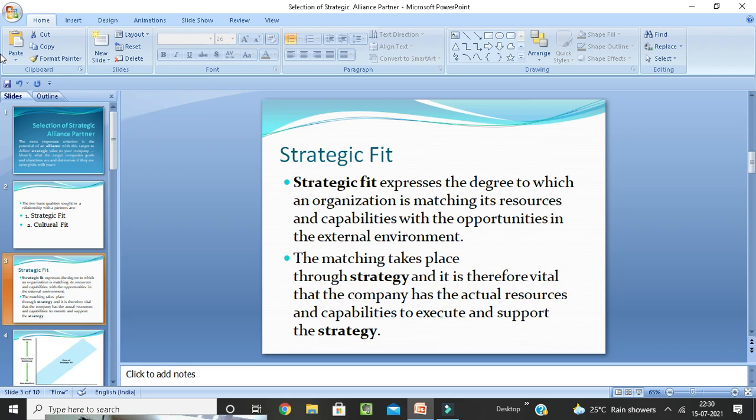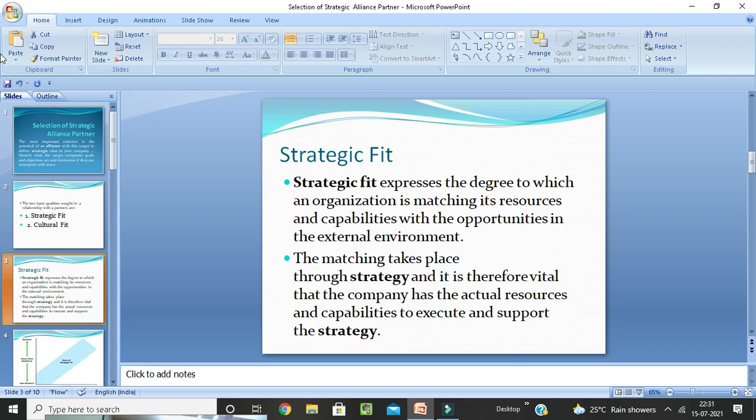The basic issue in assessing strategic fit is whether their joint value chain seems likely to achieve sustainable competitive advantage for the partners through the complementarity of their resource endowments and core competencies. It expresses the degree to which an organization is matching its resources and capabilities with the opportunities in the external environment.